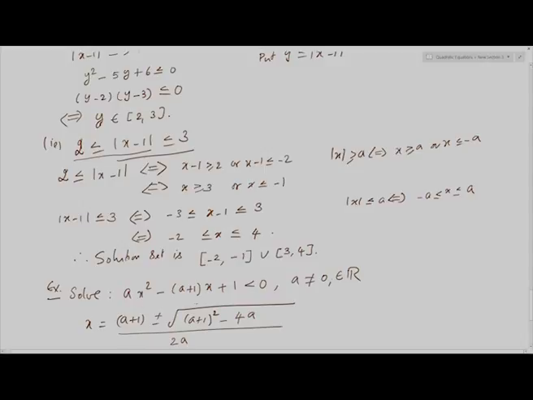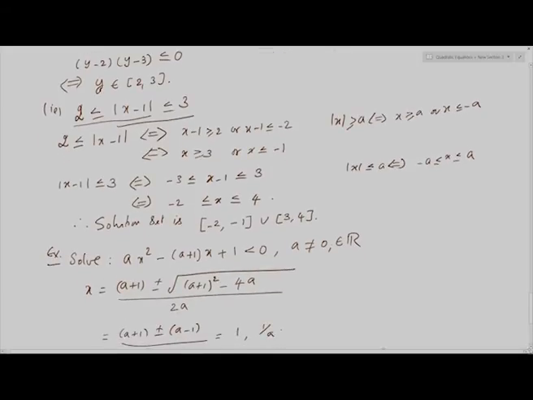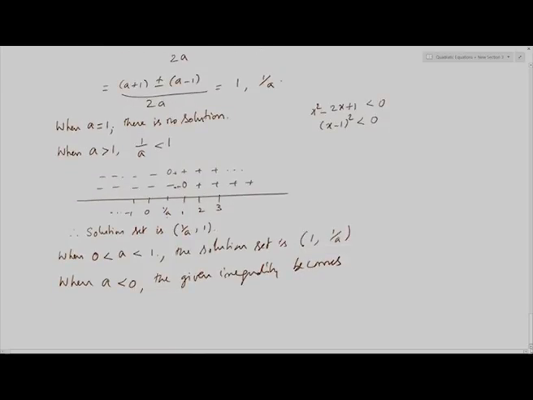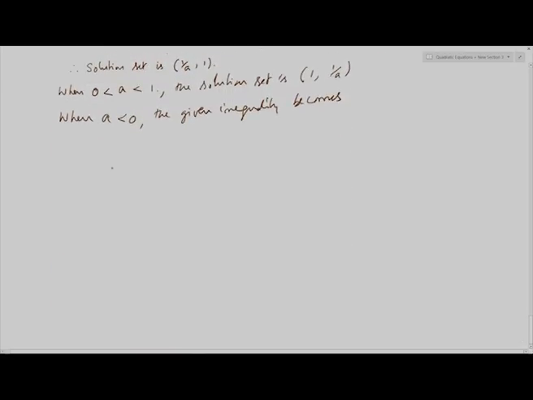A x square minus A plus 1, when A is negative, this inequality becomes (x minus 1/A)(x minus 1) greater than 0.